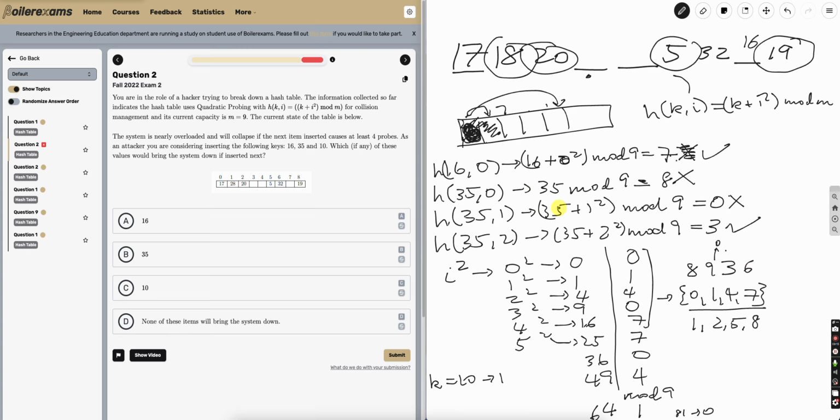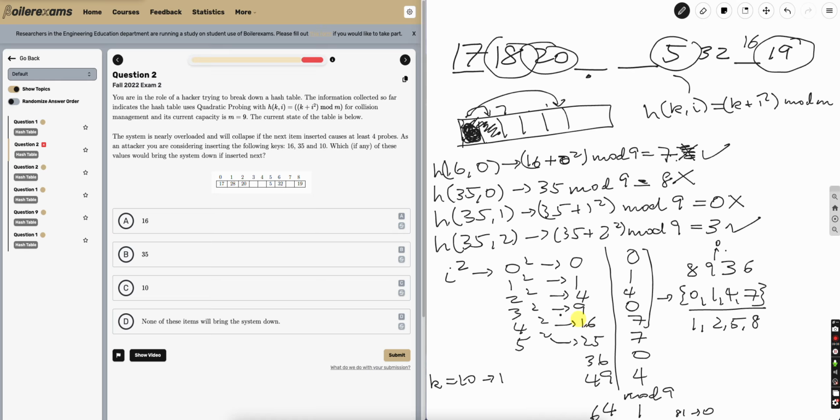That's how you check if there's a spot to insert 35. I think this is a little quicker, but both brute force and this more conceptual way would work in an exam scenario.